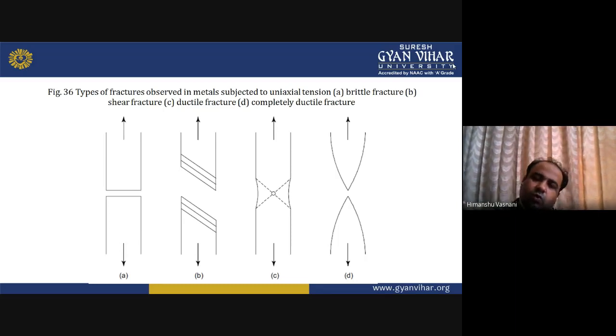You can see the two different areas having different cross sections. Whereas in A, which is a brittle fracture, you can see there is no neck formed. Simply the fracture has happened. These are just elementary diagrams giving you a slight idea of how the fracture may look.